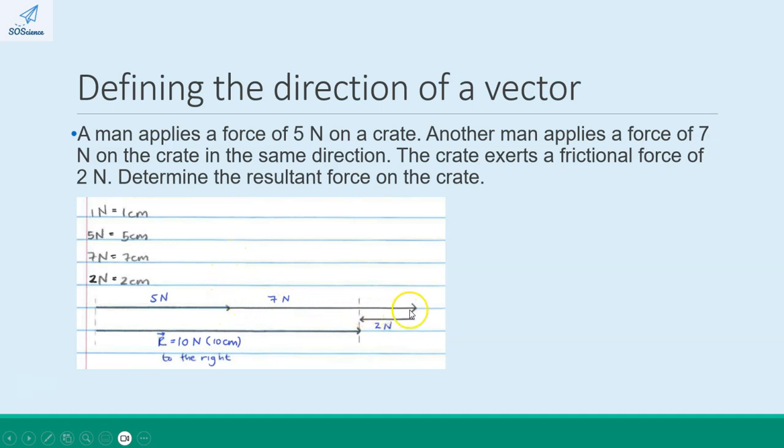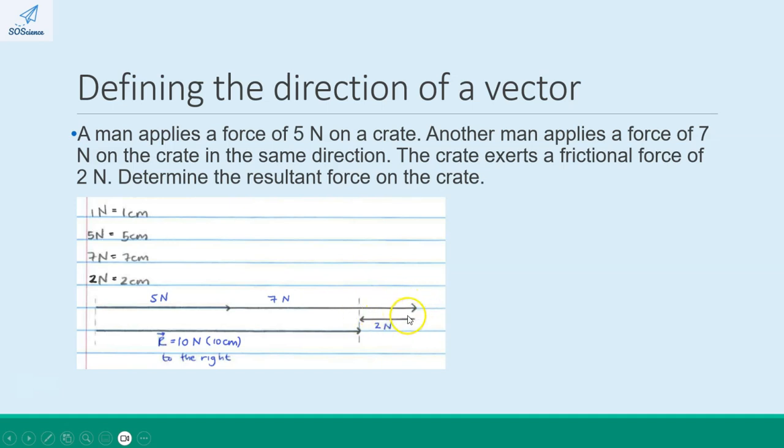And then I have 7 newtons using the head to tail method. So I add a 7 centimeter line to the head of the 5 Newton force. And then I have the frictional force, which is acting in the opposite direction. So again, using the head to tail method, I'm connecting the tail of this vector to the head of the last vector.